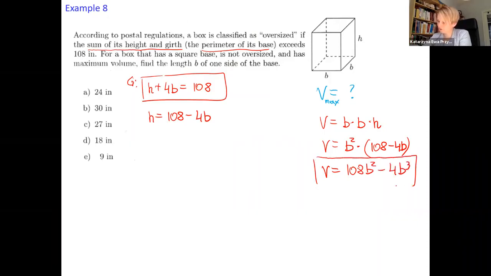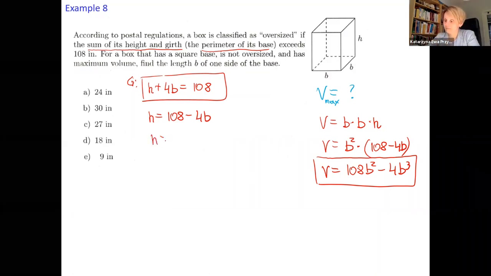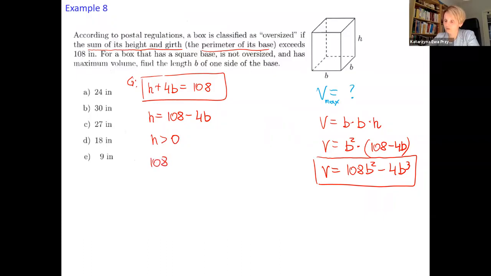Perfect. We did manage to get a volume. And again, we do have some restriction because height must be positive. I'm just trying to figure out the domain. Positive height means negative 4b must be greater than negative 108, dividing by negative 4. 108 divided by 4, 27.